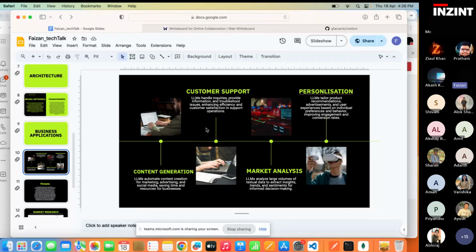So the workforces that were previously involved in handling customer support can now focus on more complex tasks relevant to their industry. We will not deep dive into that right now. Overall, integrating LLMs into customer support operations not only enhances efficiency, but also ensures consistent and high quality service delivery. So this basically contributes to long-term customer loyalty and brand reputation.